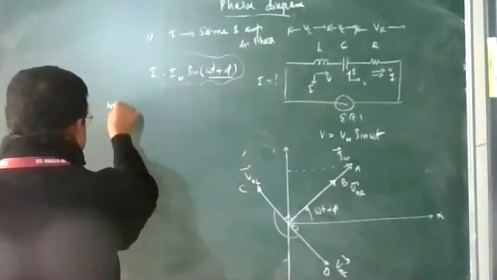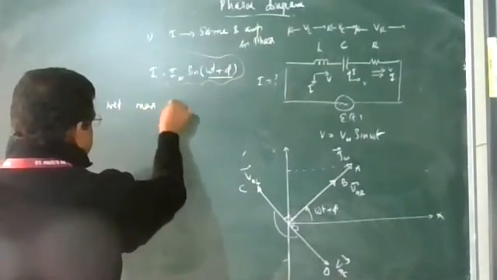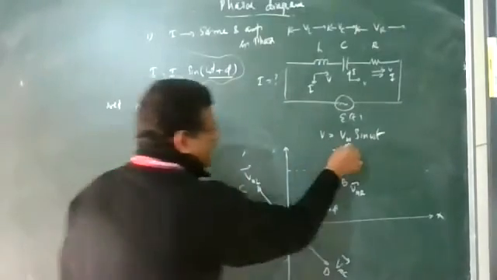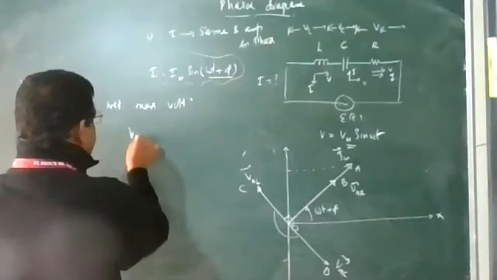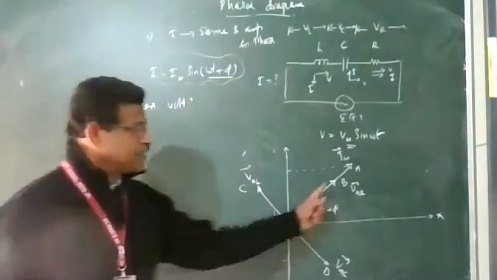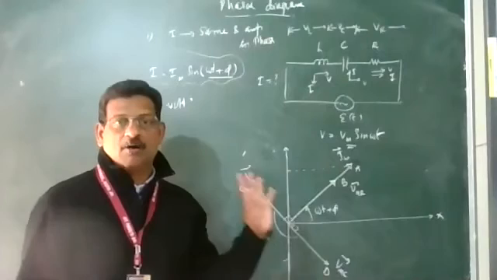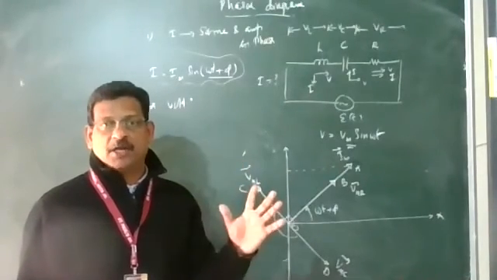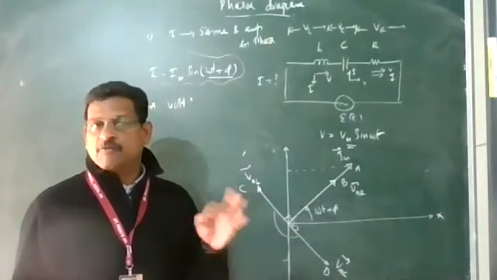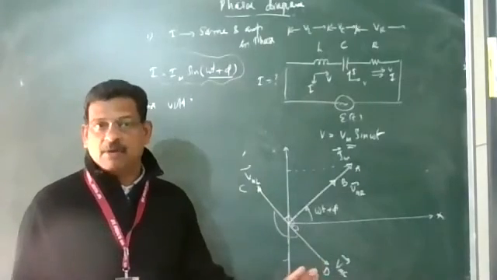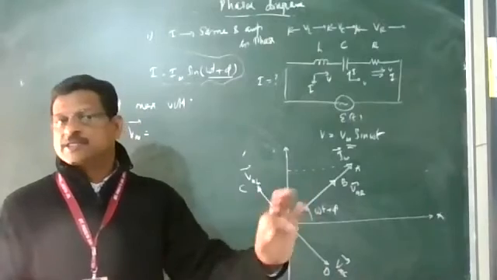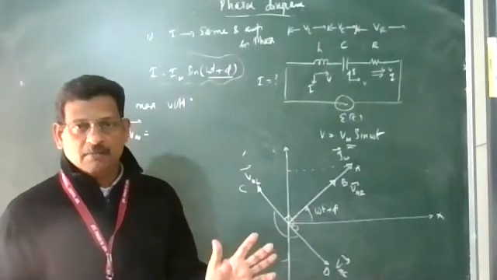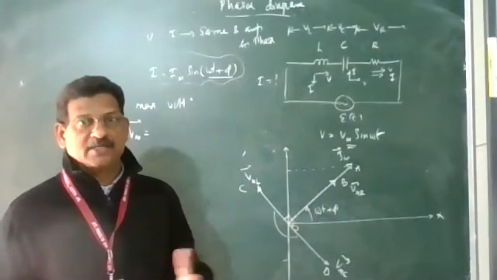Next, I am going to write the net maximum voltage. Can you see Vm here? The net maximum voltage Vm vector is obtained by vector addition of these three voltages. All voltages should be added vectorially because their phase relations are different. You cannot simply use scalar addition here, because the voltages are not in phase.